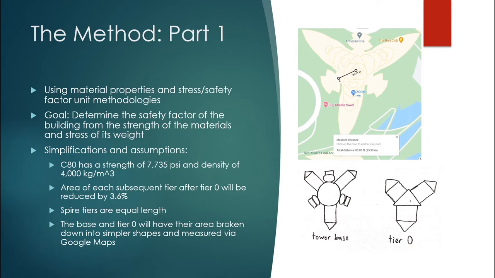Additionally, the spire tiers will be considered equal length simply because we can't calculate the lengths, because every other tier that's not part of the spire can be calculated with its length just using the length of the floors.